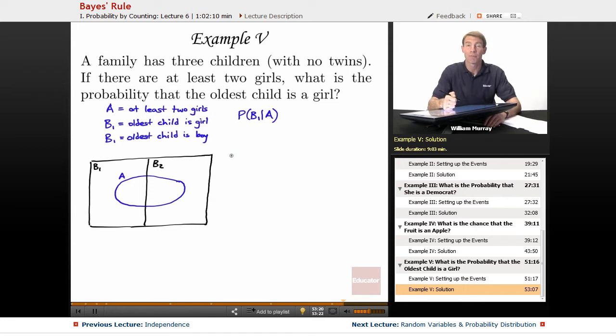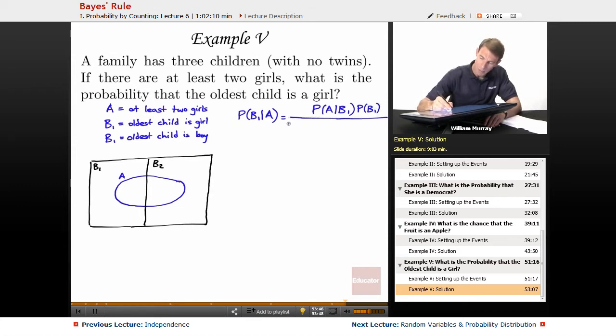And we have a formula for that. We have 2 events here, so this is really using Bayes' rule for 2 events. And let me expand out that formula. According to the second slide of this lecture, you can just page back and find it if you don't remember it. It's P of A given B1, you just switch those around, times P of B1. And then the denominator is that same expression.